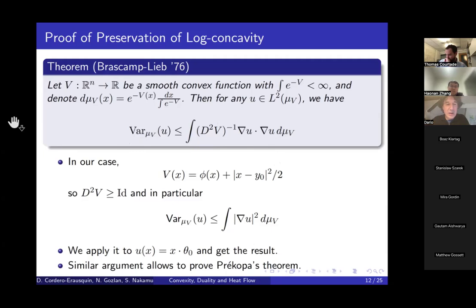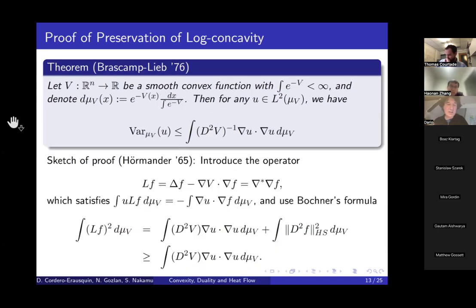And it turns out that in a different setting, there was a proof of a similar inequality by Hörmander in his study of the d-bar equation. And the proof you can give somehow is as follows. You introduce the operator L, which is the generator associated to your density e to the minus V. And what you have is a Bochner formula.